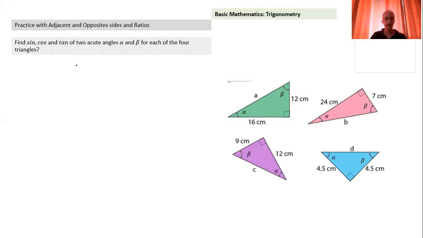So in each triangle, we need to calculate sine of alpha, cos of alpha, tangent of alpha, and in a similar way sine beta, cos beta, and tan beta. We start with the green triangle, then the pink triangle, then purple, and then blue.